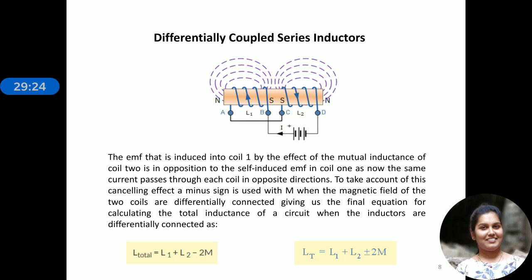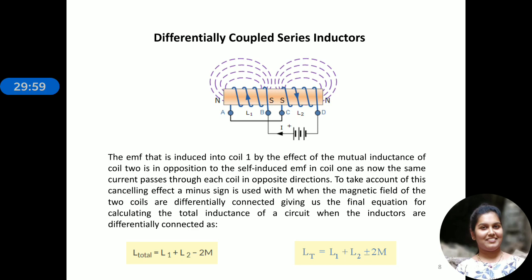Whereas when you are asked to calculate series connected inductors, mentioning that there is mutual inductance, you can use the formula L total equals L1 plus L2 plus or minus 2M. If it is cumulatively coupled series inductors, you take plus 2M, and if it is differentially coupled series inductors, you simply take minus 2M. So there ends the problem.